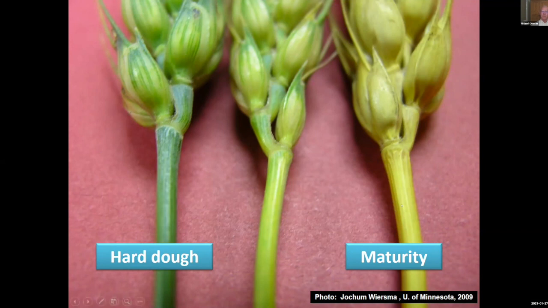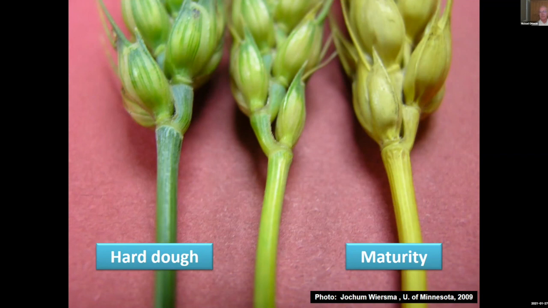Physiological maturity is the point where no more dry matter accumulates in the grain. At this point, it doesn't need any more water. No irrigation water is going to help the crop. It is done. It's just in the stage where the grain dries down.